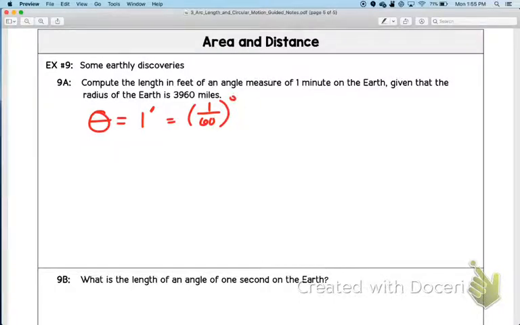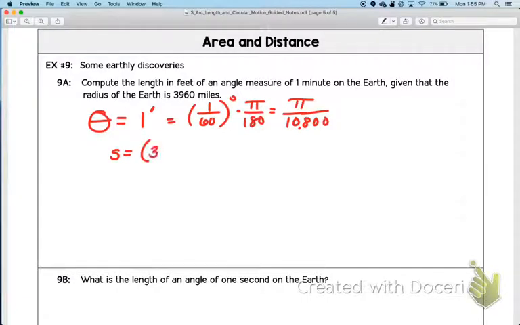Converting that to radians, multiply by pi over 180, which gets me pi over 10,800. We want to find the distance, the same thing as the arc length.